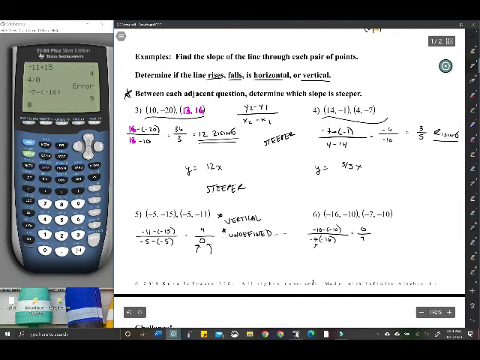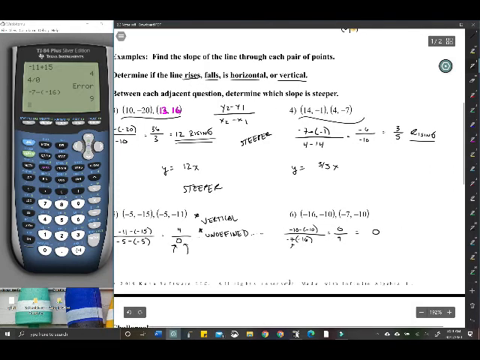Now here, it's 0 divided by 9. That's 0. So we have 0 over 9, which is 0 just in general, and that means it's a horizontal line. So if 0 is in the numerator, it's a horizontal line.